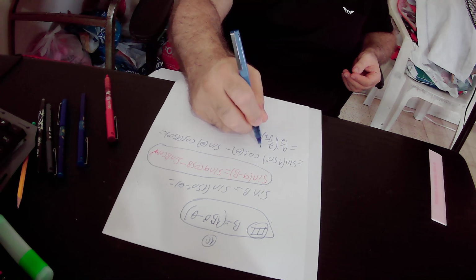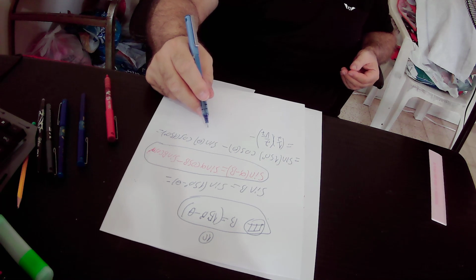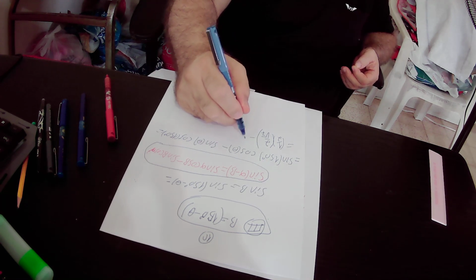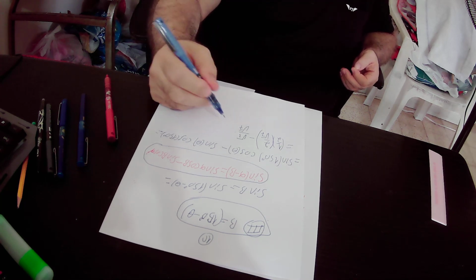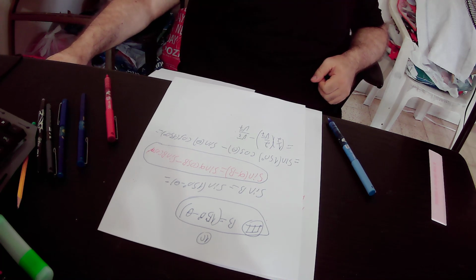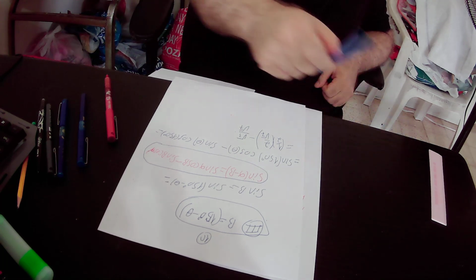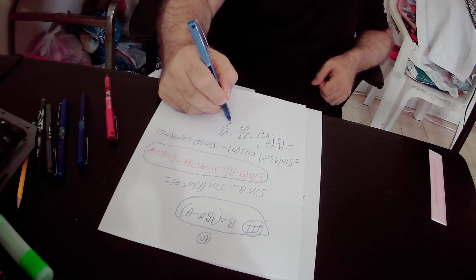Minus sine theta. We have already found that the value of sine theta is root 3 over root 7, times cosine 150 degrees. Cosine of 150 degrees equals minus root 3 over 2.